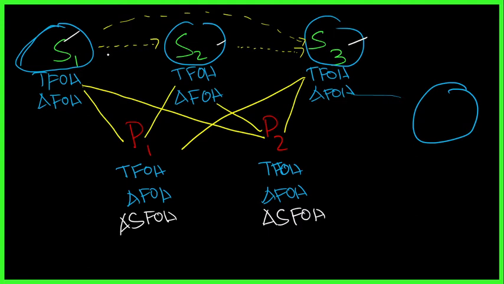Here we assume that aside from these departments giving service to P1 and P2, they also reciprocate services from other departments. This one provides a service here, and this one also provides a service here. So the cost allocated to this one will also be allocated to S2, and some cost incurred by S2 will also be allocated to S1. It goes around in circles. That's your reciprocal method, and we are going to use the algebraic approach for that.